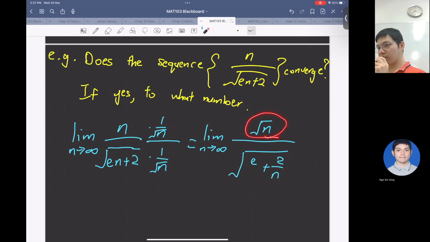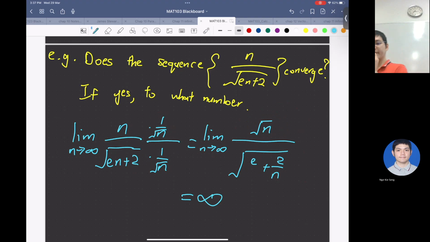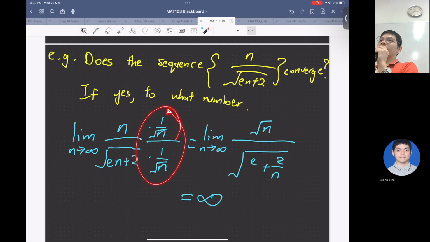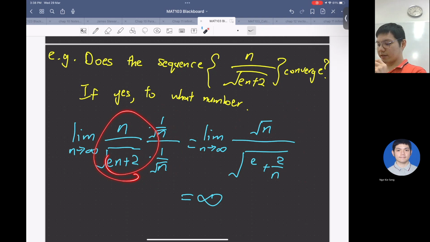But the term at the top will keep growing. So actually this is diverging. I think this question doesn't use any properties because there is no convergent sequence here. This is just a trick using multiplication by 1 to change your form to a better recognizable form.